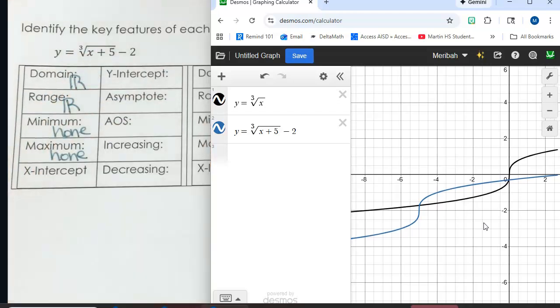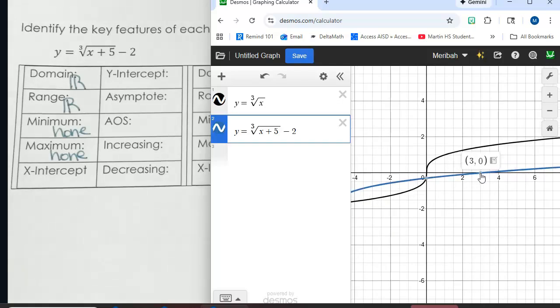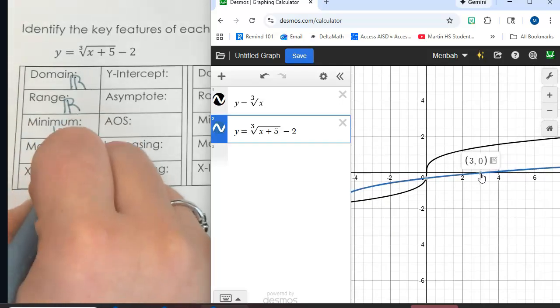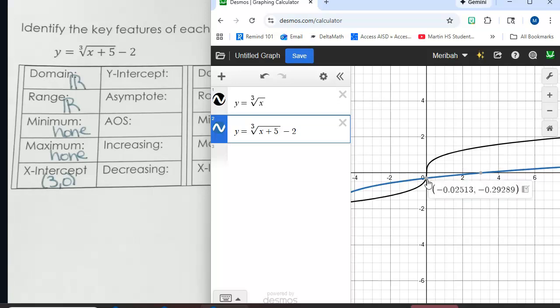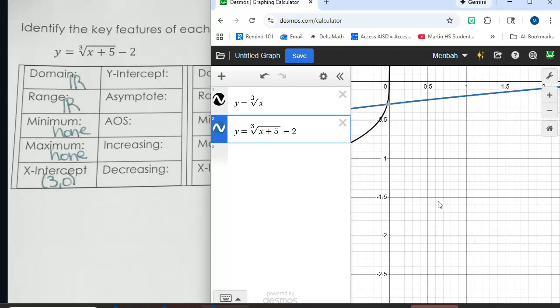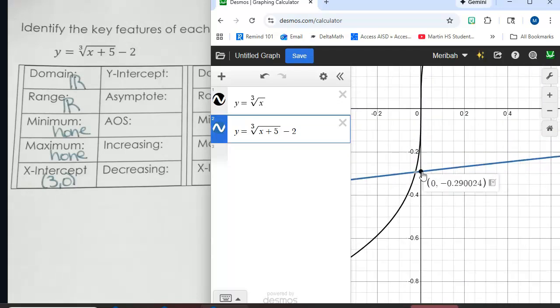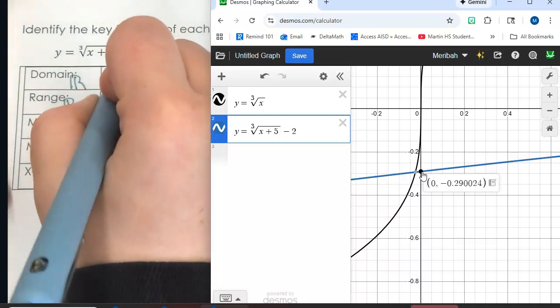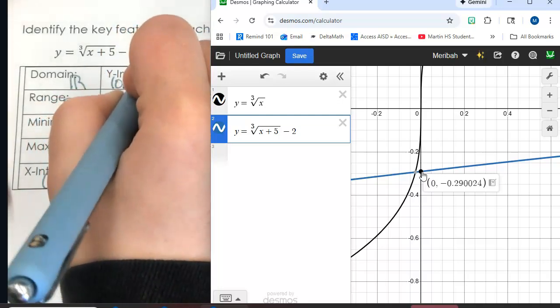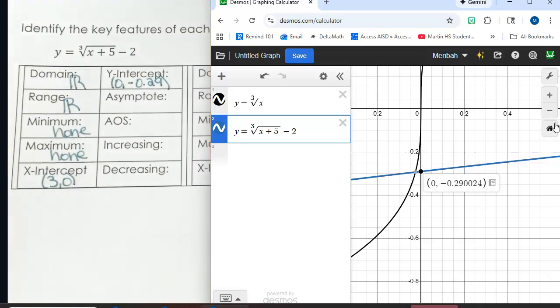Our x-intercept has moved. It is over here at 3, 0 now. And our y-intercept is now here at this point. Let me zoom in to find it, because right now it's giving me the intersection point. There we go. There is our y-intercept, 0, negative 0.29. Okay.